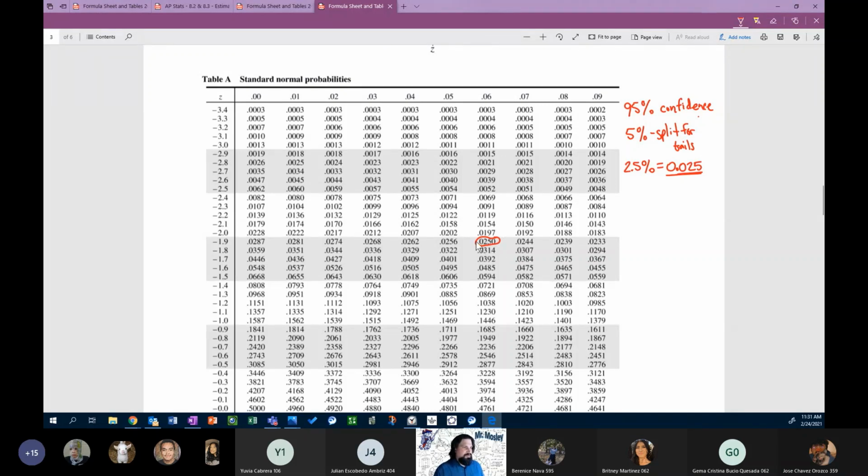Now that I found it, I trace back to the left margin and up to that top row. Those two numbers together give me the z-score associated with that proportion.